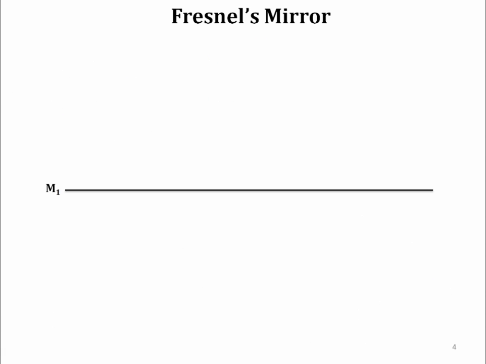Let's come to the question of why that angle is 2 theta. So here's the situation. We have mirror M1, and we have kept a source here. Then we have another mirror, M2, and these two are at some angle theta.